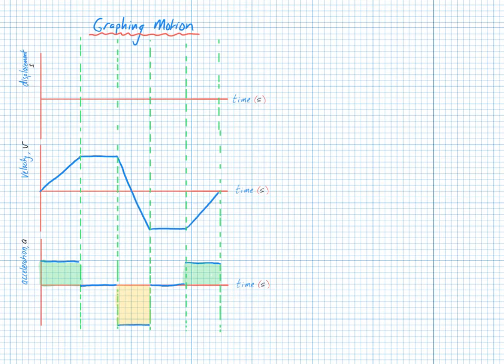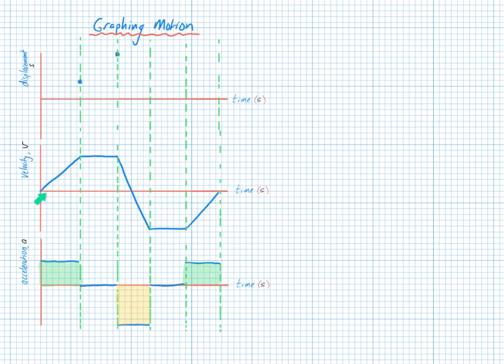from the velocity time graph. So remember, it's the area underneath the curve that represents the displacement. So in this section here, the area here represents the displacement. Notice in the next time period, if these are equal chunks, this displacement would be twice as big as this one.